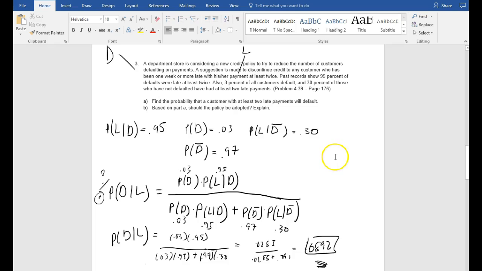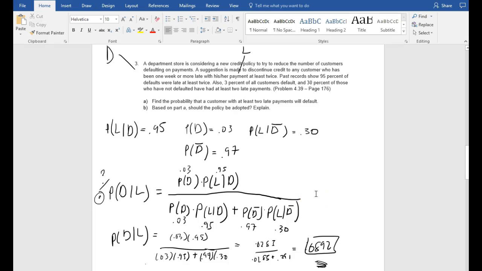So given that somebody has been late on a payment twice or more, their likelihood of default goes up to 9%, whereas for the general population, the likelihood of default is only 3%. So yes, the policy to discontinue people who have been late more than twice should be adopted, because those people are defaulting more than the general population.